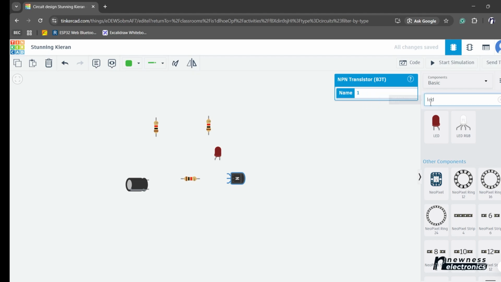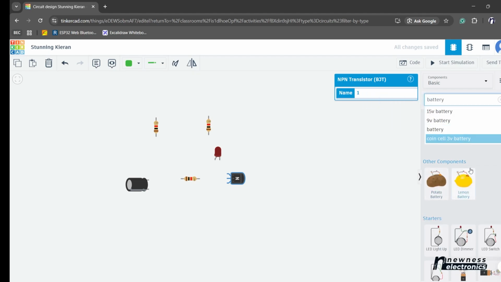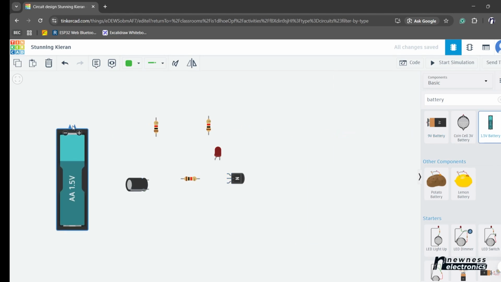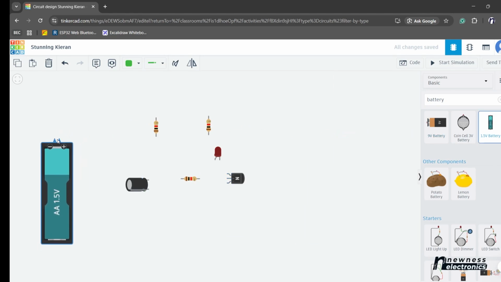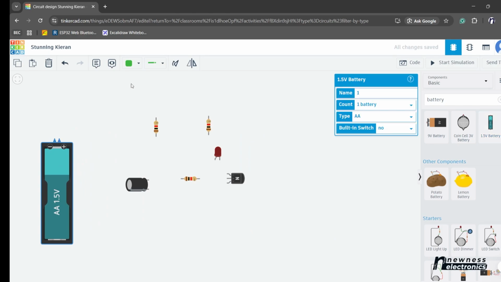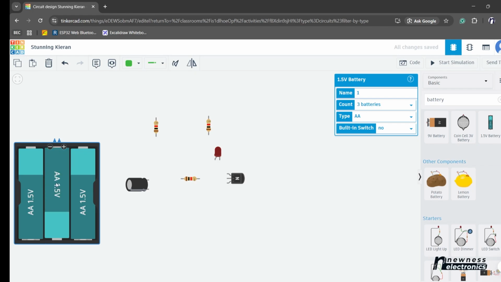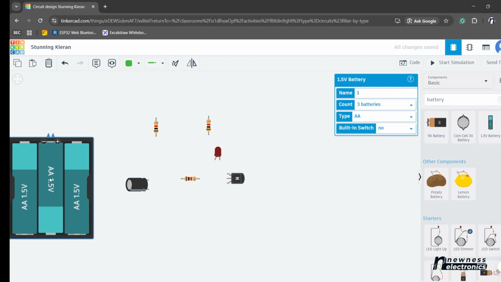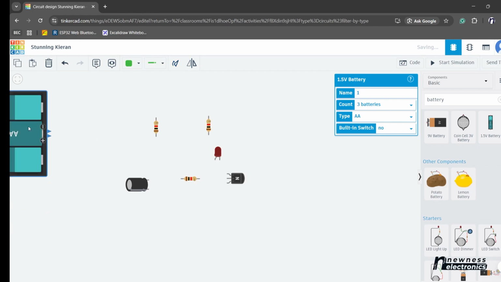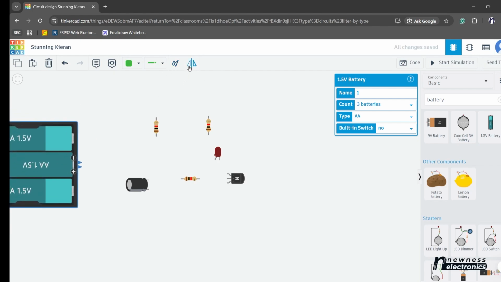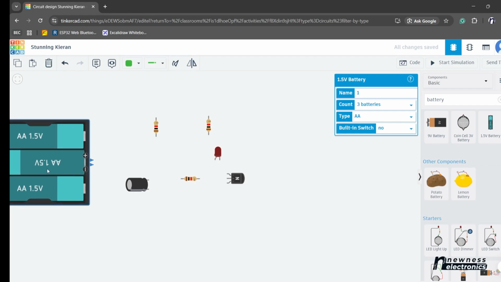Okay, I need a battery. I can use this. Let's use 3 batteries. So let's connect the circuits.